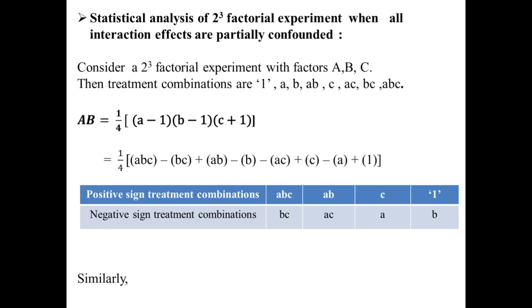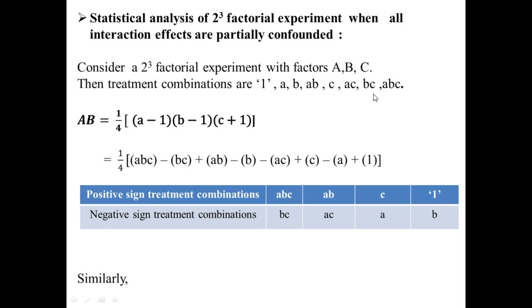Let us consider a 2^3 factorial experiment with factors A, B and C respectively. Here we have 8 treatment combinations: 1, A, B, AB, C, AC, BC and ABC.